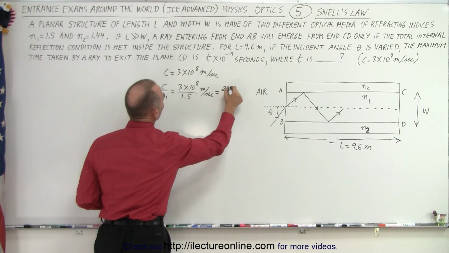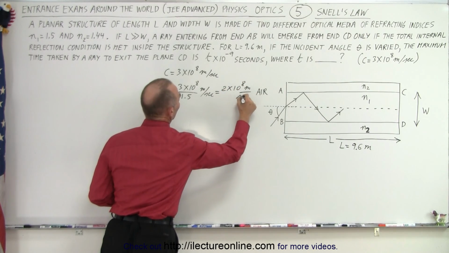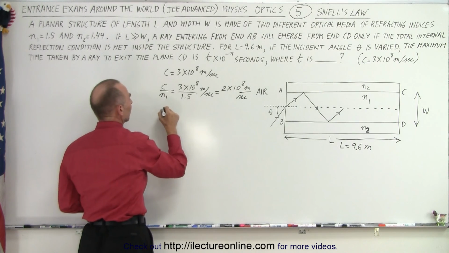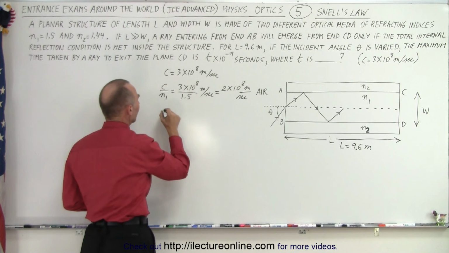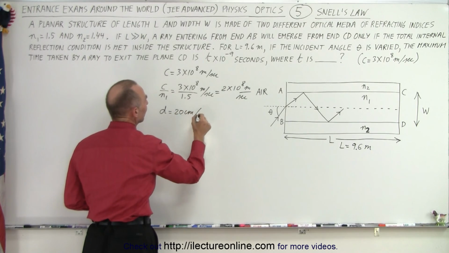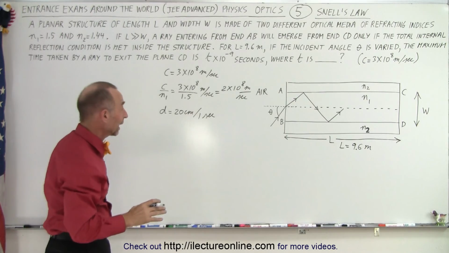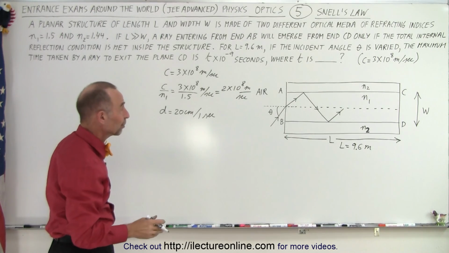So it's only 2 times 10 to the 8 meters per second, which means light travels 20 centimeters in 1 nanosecond.